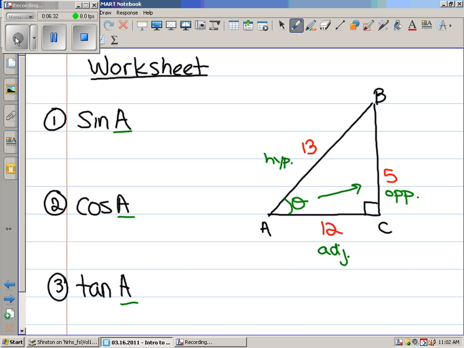Cool. And so we're about to be done in 2 seconds. The sine of A, McCarm? It's 5 over 13, opposite over hypotenuse. Denise, what's the cosine of A? Very nice. Alicia, what's the tangent of A? Very nice.